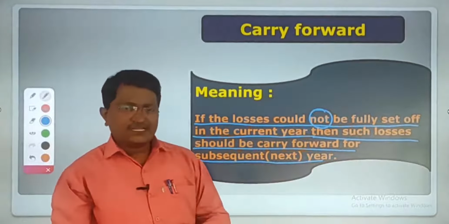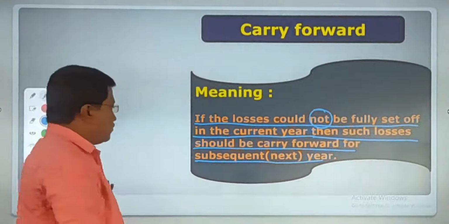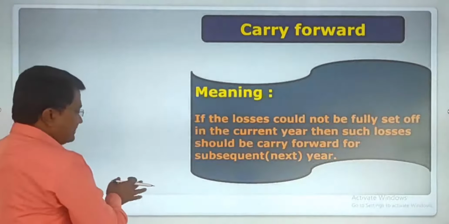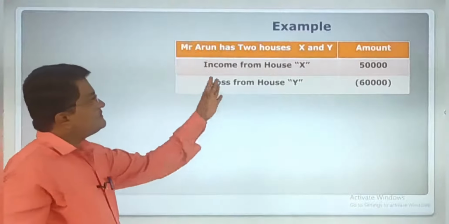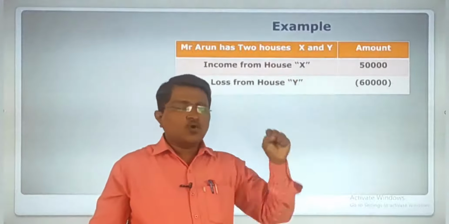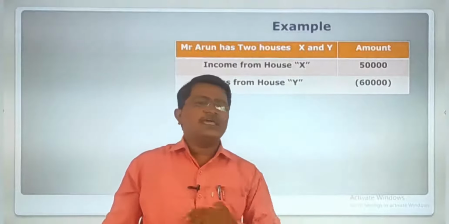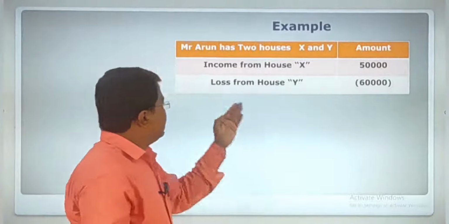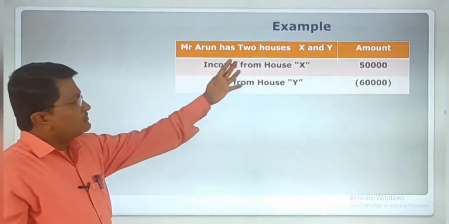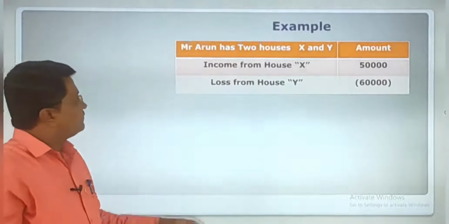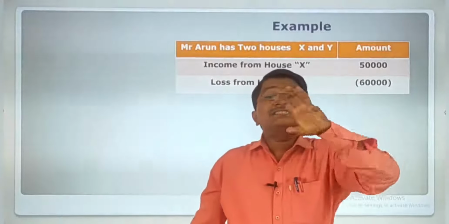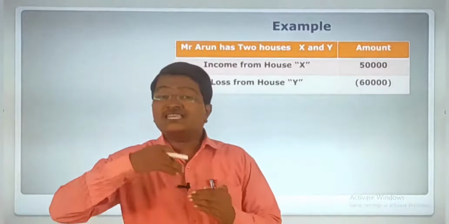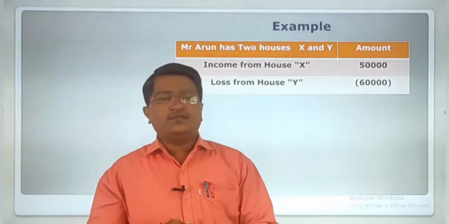So now we go for an example for that also. Let's see an example here. As in the same example, Mr. Arun has two houses, house X and house Y. Here income from house X is 50,000, loss from house Y rupees 60,000. So loss is more than income here.